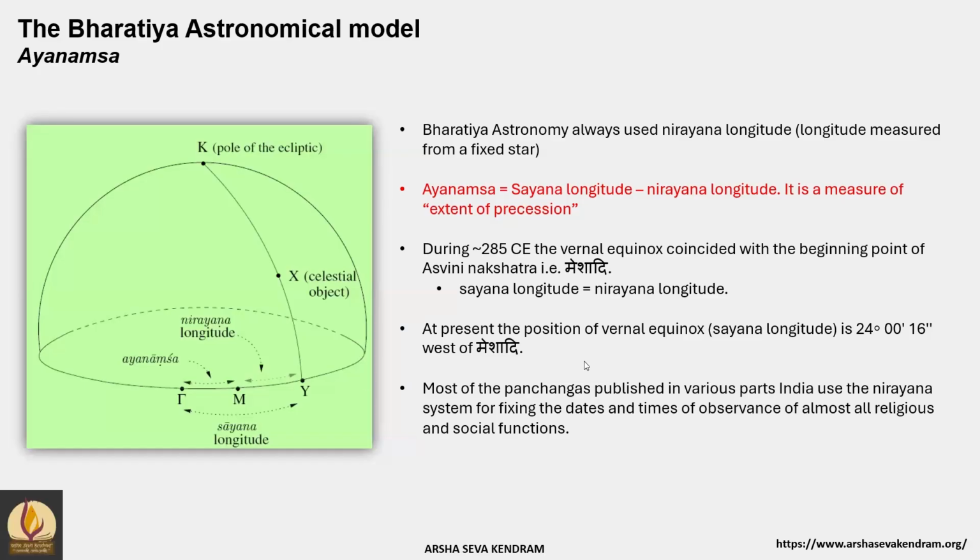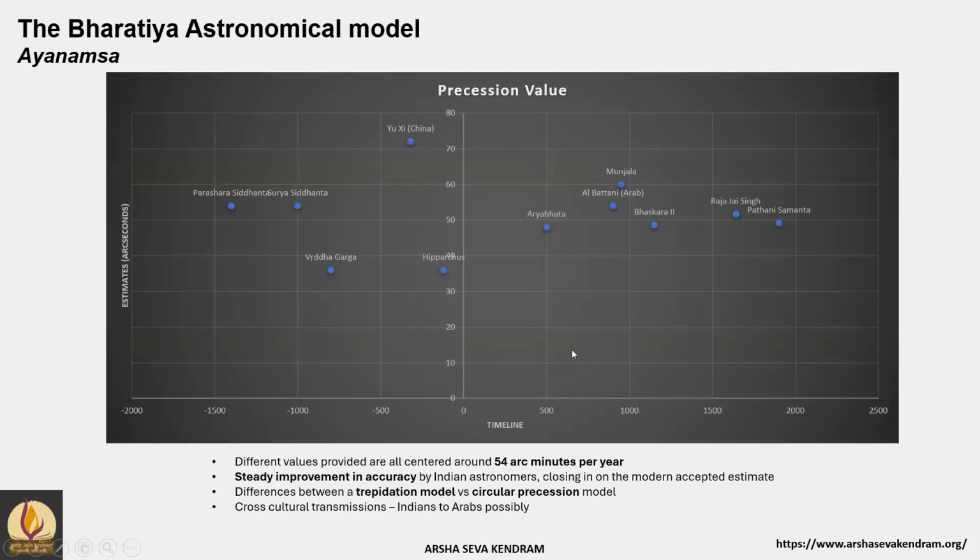Now, this precession value, like I said, our Indian astronomers were aware of precession. They needed to understand the precession values to pin down the vernal equinox. So they were actively observing and calculating the precession, and different values were hypothesized by different astronomers.